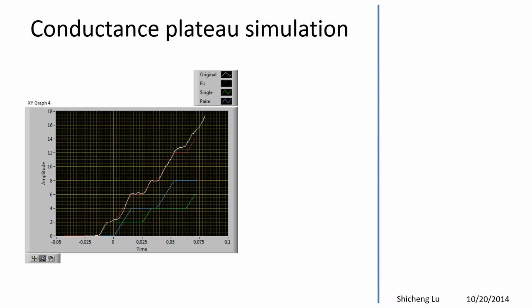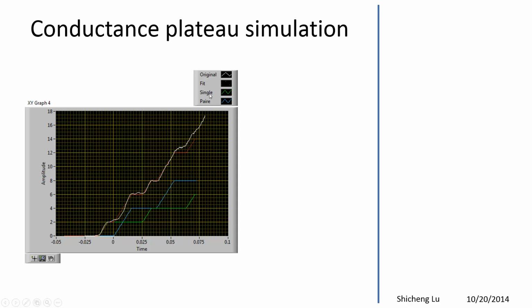During the manuscript writing, I did some simulation of those conductance plateau data. So this is the first one we have. We have 2, 6, 8 e²/h, but only 4 is missing. So I made a simulation here.